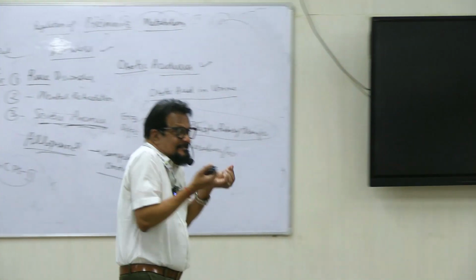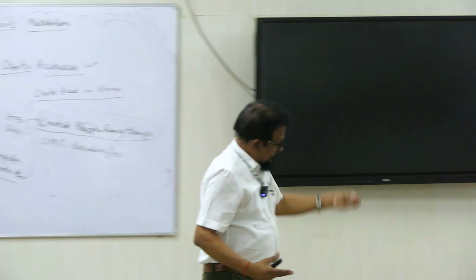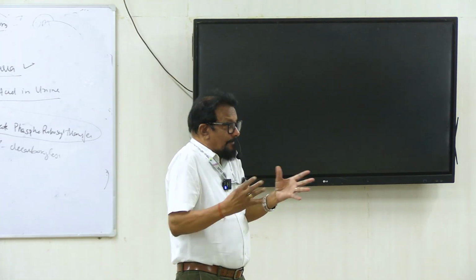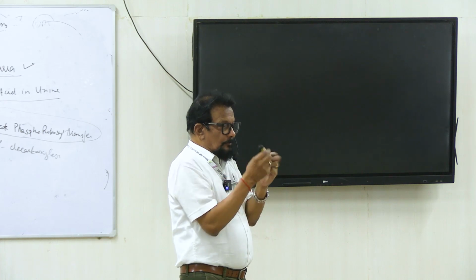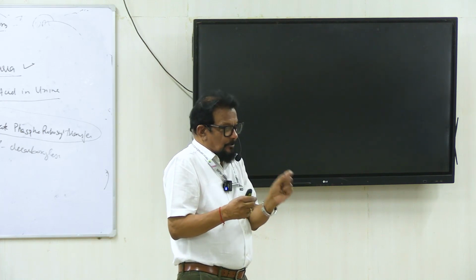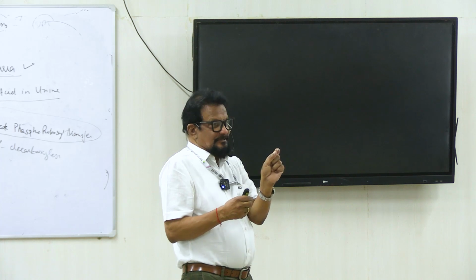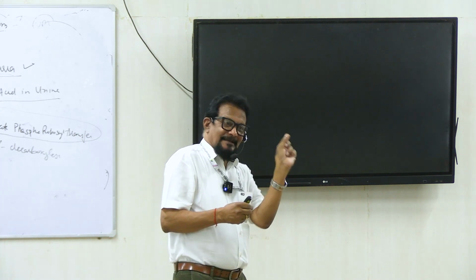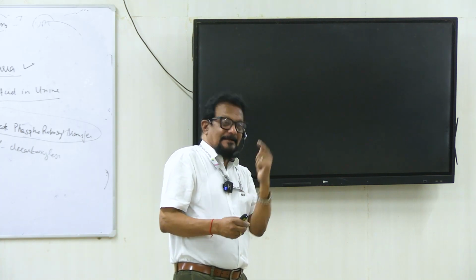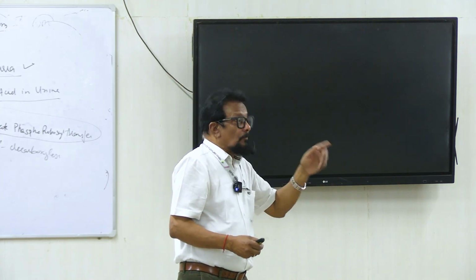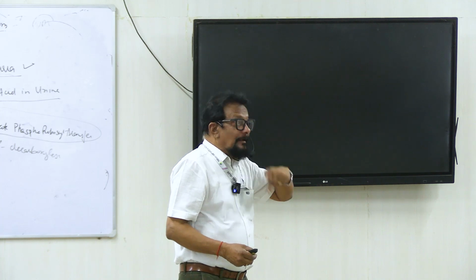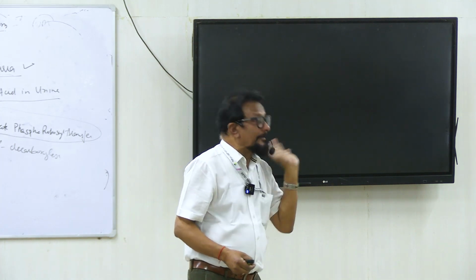These are called stretch receptors. When urine enters, volume will rise, pressure will rise, so the wall will be stretched, and because of the presence of the stretch receptors, there will be generation of impulse. This will go to the center, and the center will reflexly do whatever it has to.